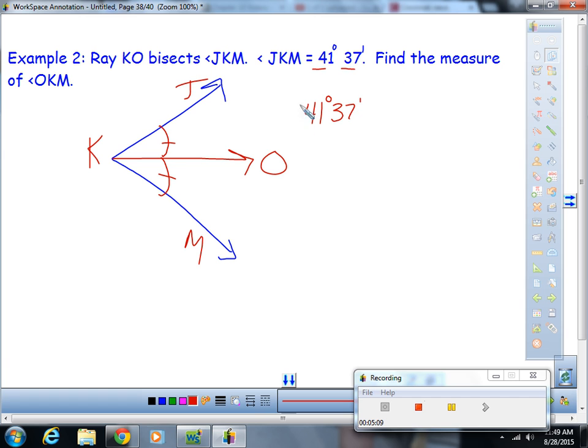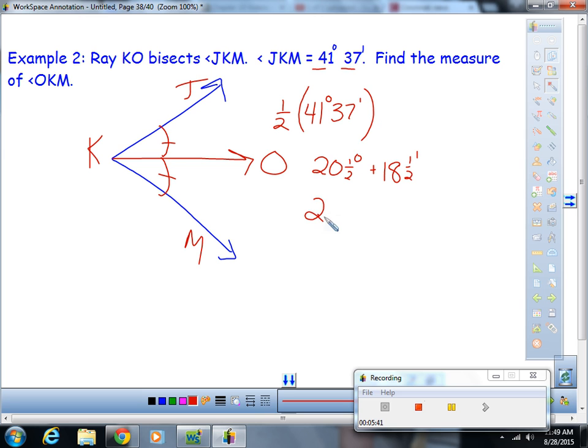We're going to take that and we're going to multiply it by a half. Now I don't know that this is the best way to do it, but let's just see what that's going to be. 20 1/2 degrees, and then let's see, half of 37, so plus 18 1/2 minutes. All right, well, I'm not allowed to write it as 20 1/2 degrees, so half of a degree is 30 minutes.